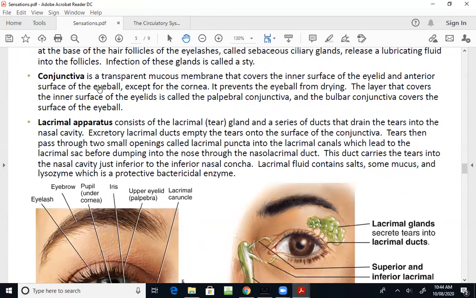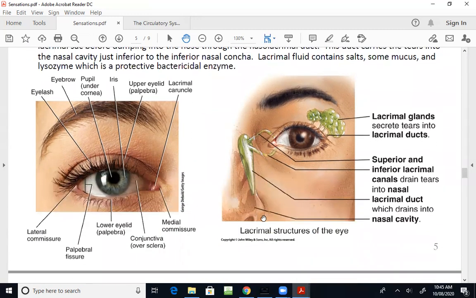It covers everything under the eyeball except the cornea. It prevents our eyeballs from drying out. The layer that's on the inner surface of the eyelids is called the palpebral conjunctiva, and the bulbar conjunctiva, which was what was labeled on that page, covers the surface of the eyeball. It is labeled here in our picture, and it says in parentheses over the sclera.